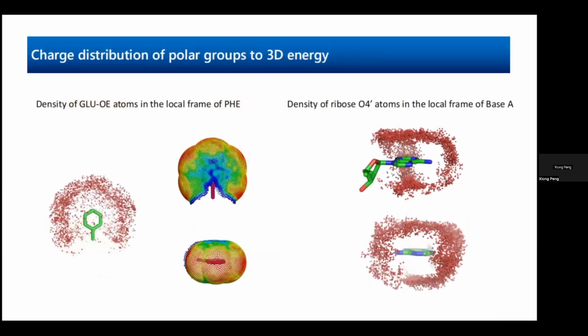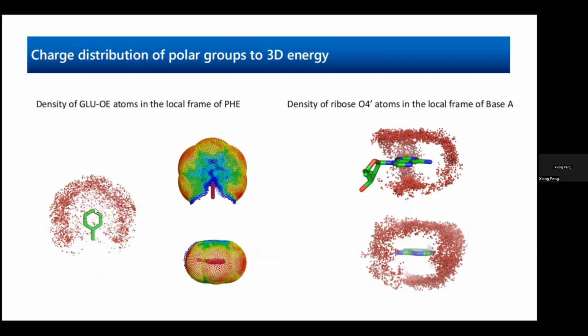And if we extend this idea to the polar groups, we can see something more interesting. For example, if we place the glutamine OE atoms in the local frame of phenylalanine, we can get this distribution.